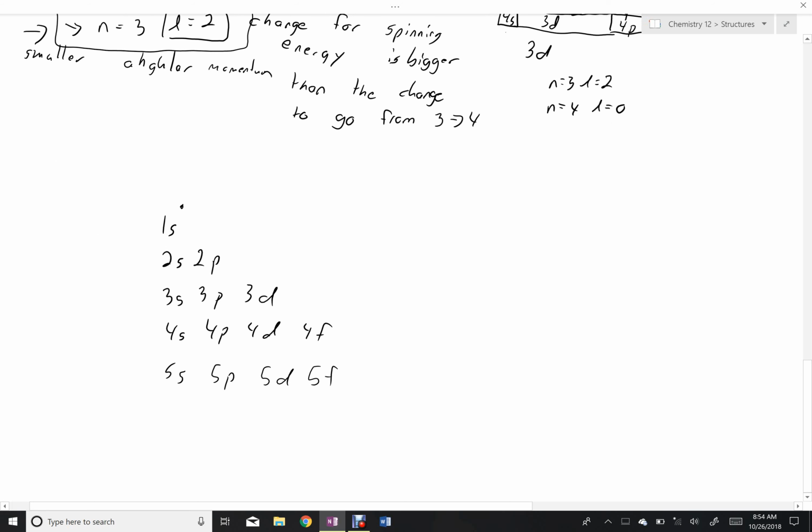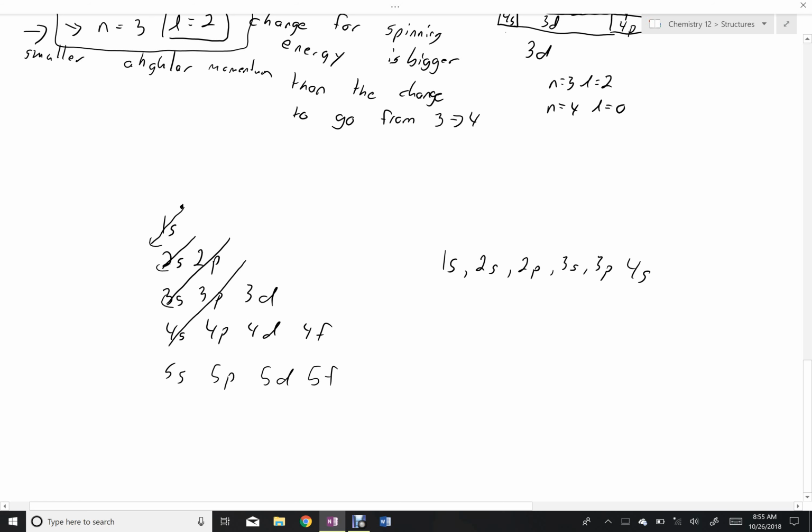We start up on our upper right-hand side, and we make arrows going through this way. So we can see the 1s fills first, and then we would see that the 2s fills, and then the 2p and the 3s, and then we would have the 3p, and then the 4s.